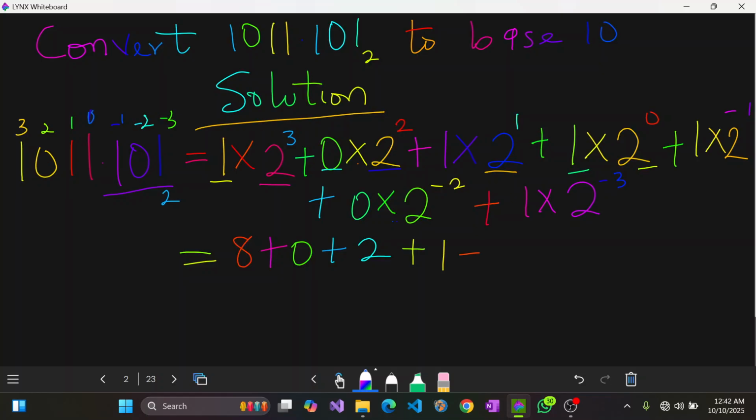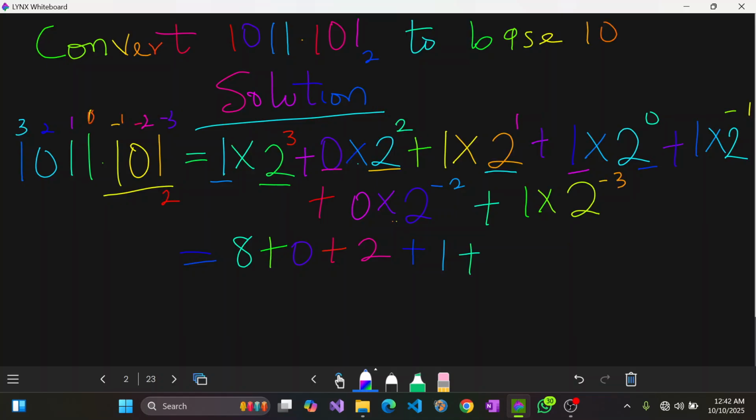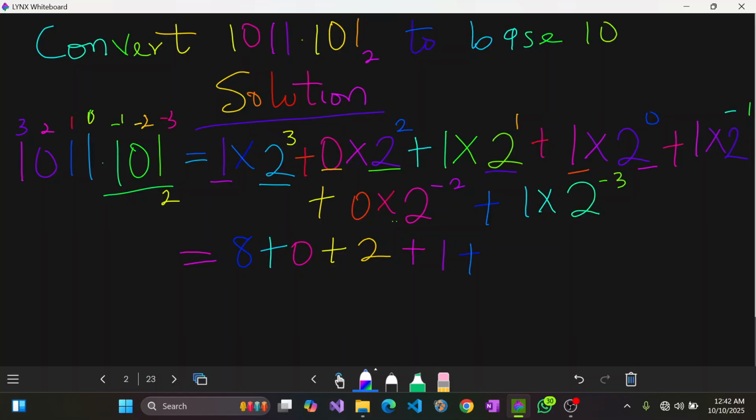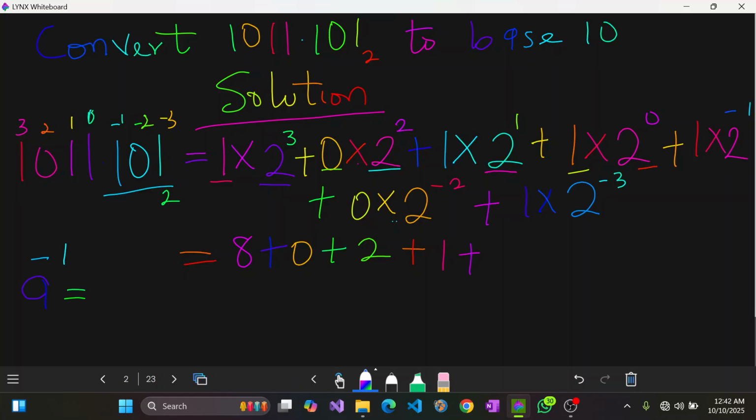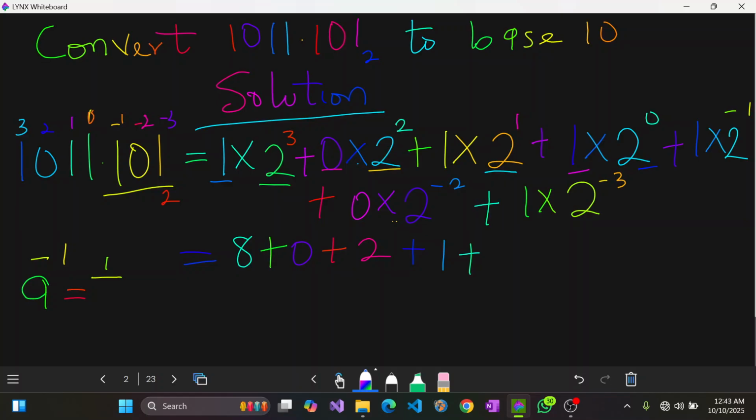Then plus 2 raised to the power of -1. When you have a number raised to a negative power, let's say a raised to the power of -1, the negative in the power signifies 1 over. So we have 1 over the base, a raised to the power of 1.